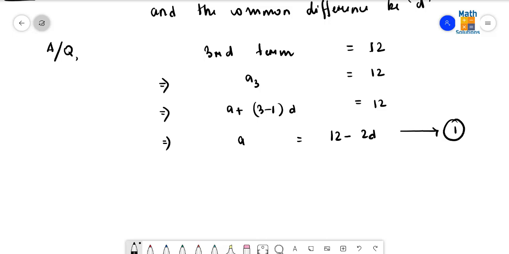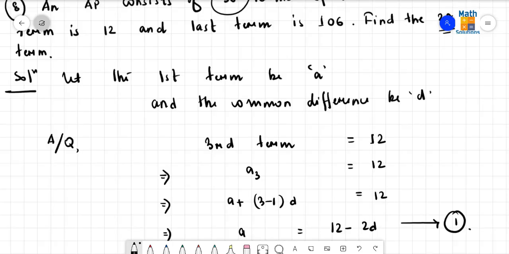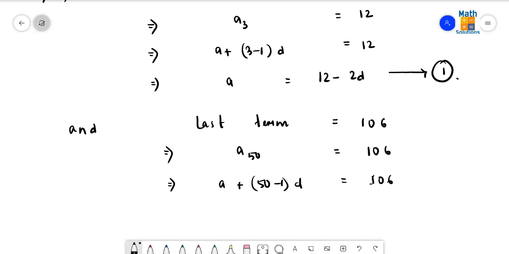So let us mark this as 1. The last term is 106. So a50 is equal to 106, and we can write here a plus 50 minus 1 d is equal to 106.